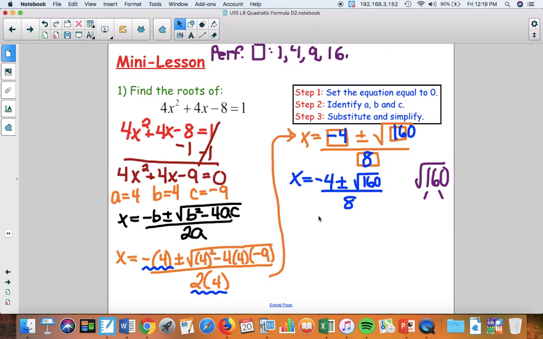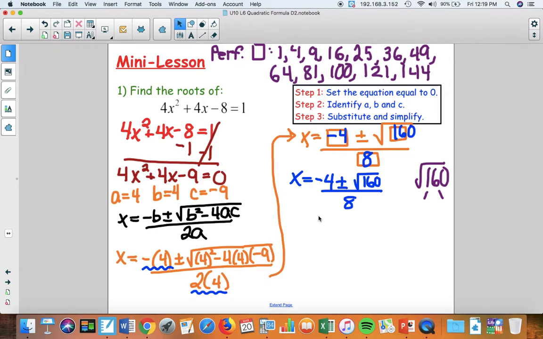So 4 times 4, 5 times 5, 6 times 6, 7 times 7, 8 times 8, 9 times 9, 10 times 10. If you want to do a little bit more, 11 times 11, 12 times 12, and so on.